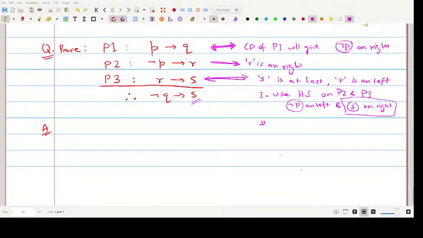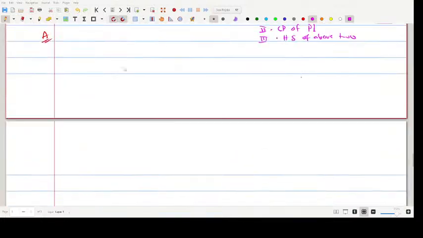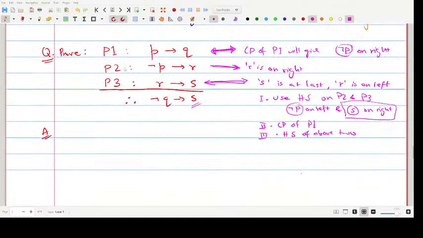So the second step would be to take the contrapositive of P1, and the third step would be to take the hypothetical syllogism of both above. That's the crux of the plan, the sketch. Quickly, within the next 3 to 4 minutes, we'll solve this problem.